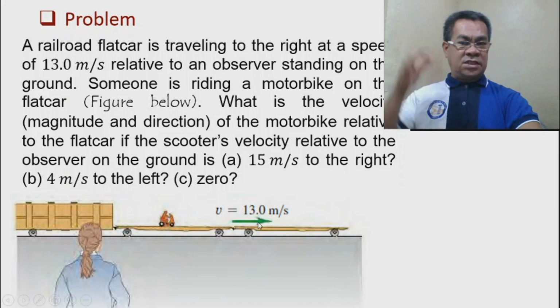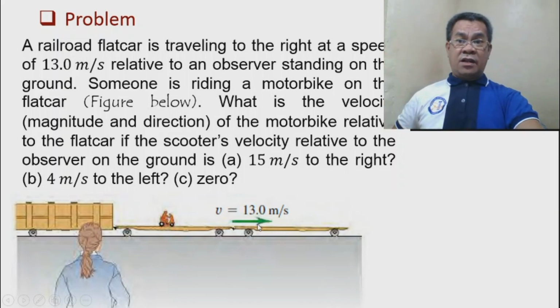Take note that the railroad flat car is moving 13 meters per second towards the right. And here comes the motorbike, moving the same way. It might be the same direction or the opposite.